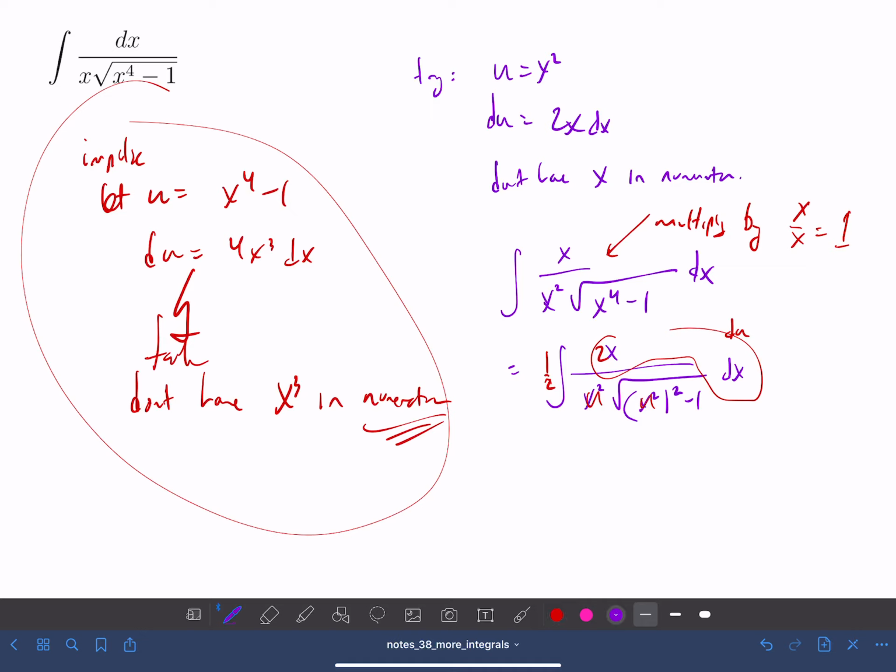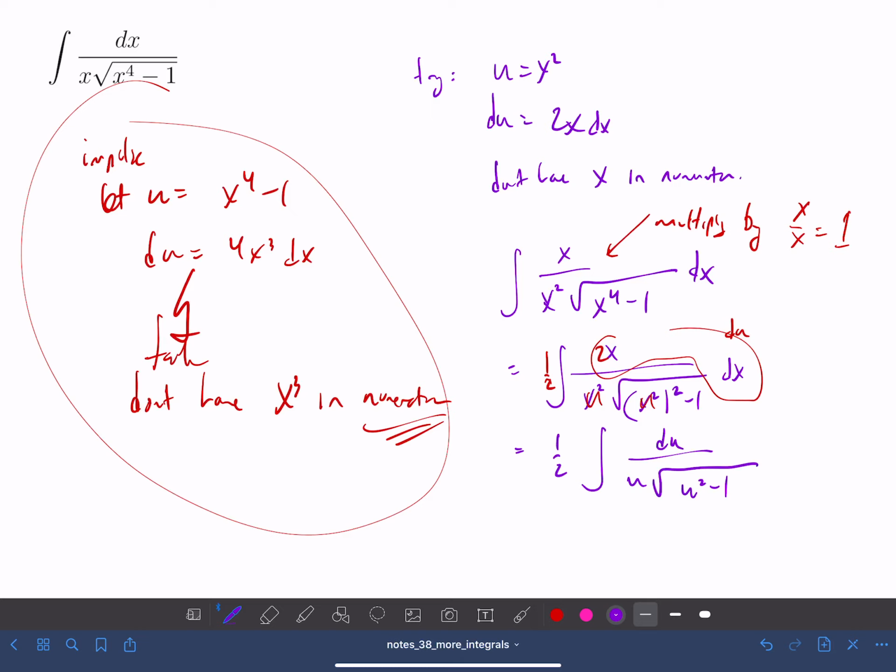I've been practicing my substitution method, so I've gotten good at that. So this is equal to 1/2 of the integral of du over u times the square root of u squared minus 1.